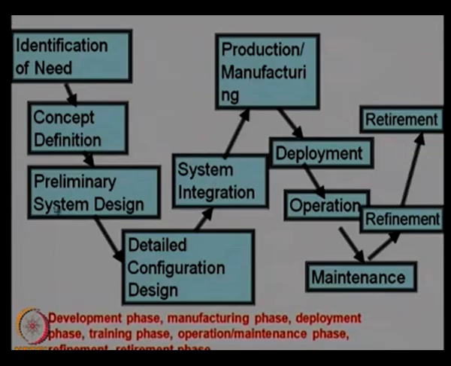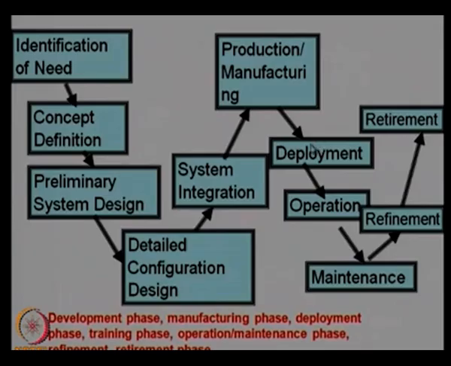So the development phase consists of identification of need, concept definition, preliminary system design, detailed configuration design and system integration. The manufacturing phase, as you know, involves production and manufacturing, and then the deployment phase, where the system is deployed to carry out the desired task, because deployment itself could be a major task depending on the complexity of the system.